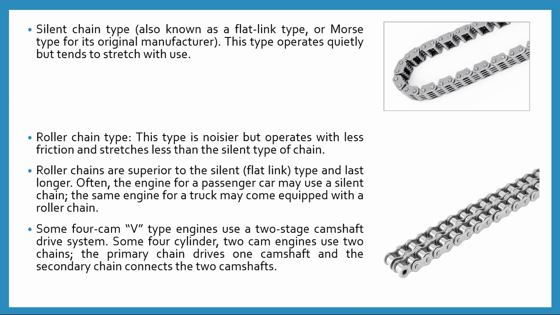And another type of timing chain is known as the roller chain type. This type is noisier, it produces some kind of noise, but it has less friction and stretches less than the silent type of chain.